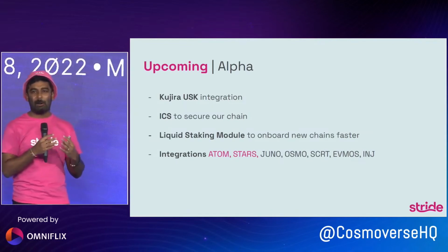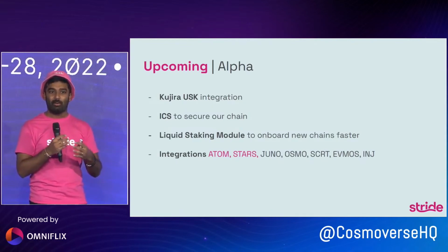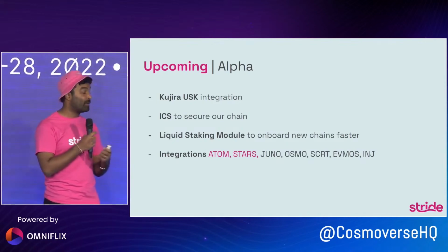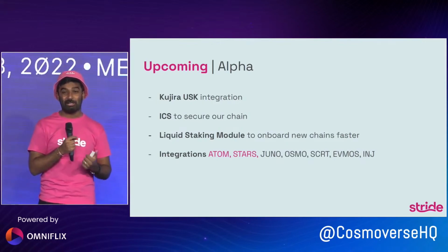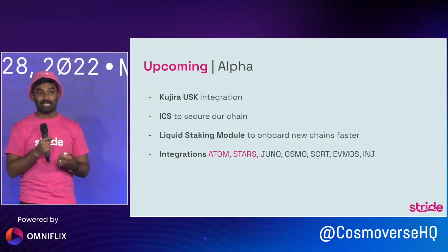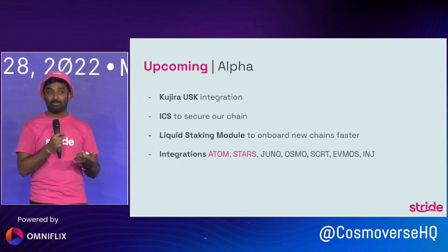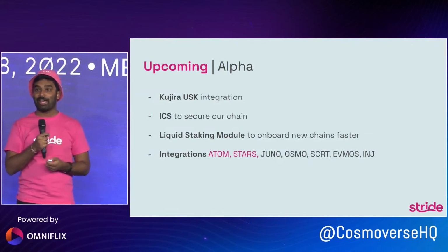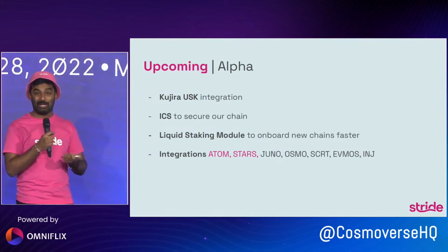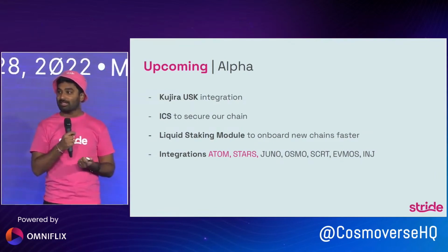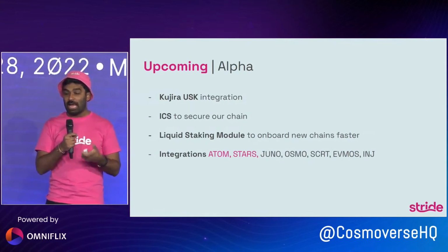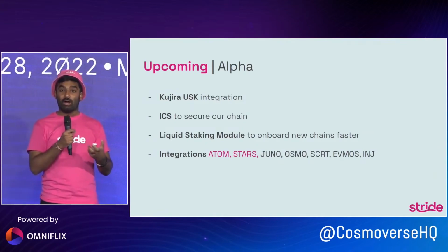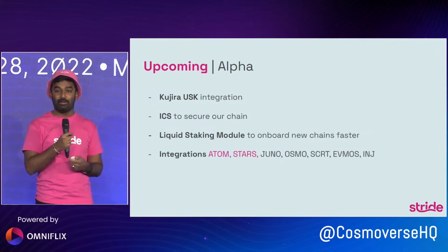Here's just a little bit of upcoming alpha we want to share with you about where the future of Stride could grow. First, we're really excited to announce integration with Kujira and their upcoming USK stablecoin. The Kujira team was really excited about what we built at Stride and the technology and the security stack that we have, and we were really excited about everything Kujira is building. We're excited to say that st tokens will be able to be used as collateral on the USK stablecoin.